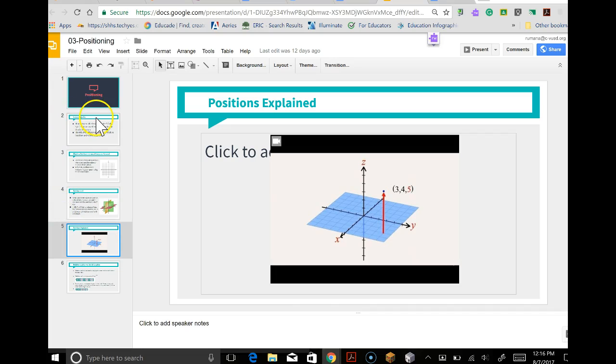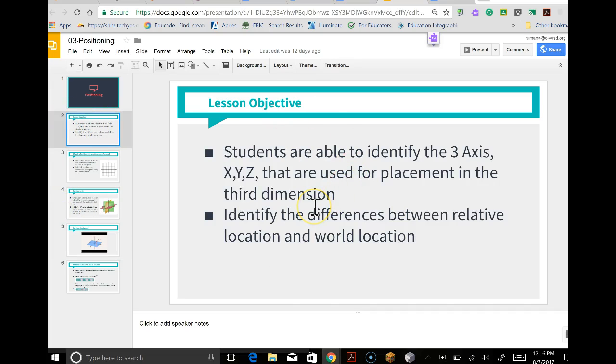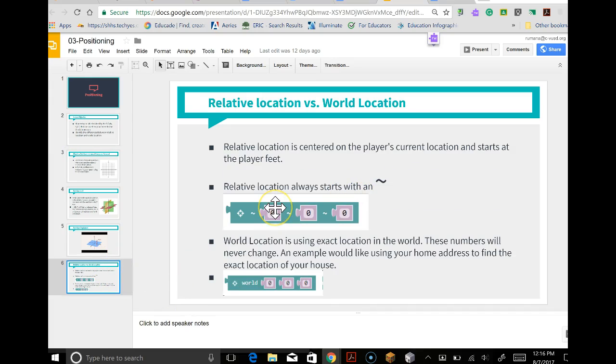The other lesson objective was for them to understand the difference between a relative location and a world location. What I mean by that is there's two sets of blocks here. Relative location is relative to the user. So if I want something to be placed 3 blocks ahead of me, it doesn't matter where I am in the game, that code will always take place 3 blocks ahead of me.